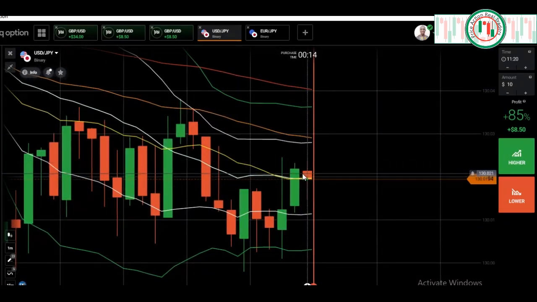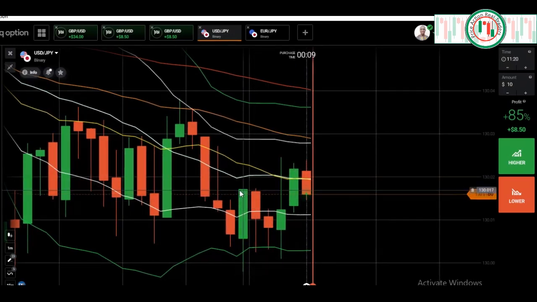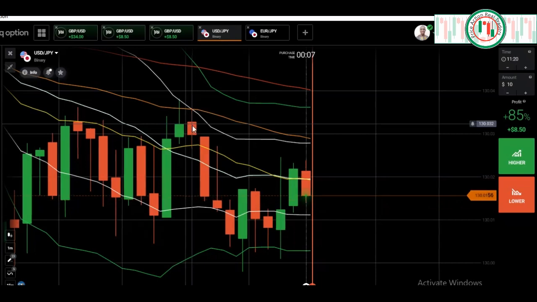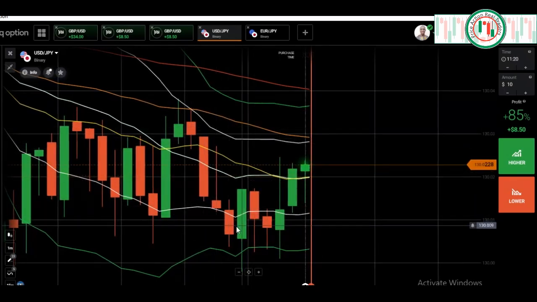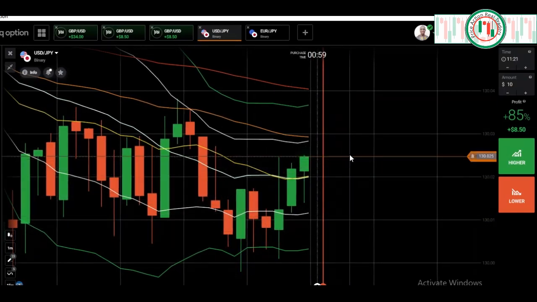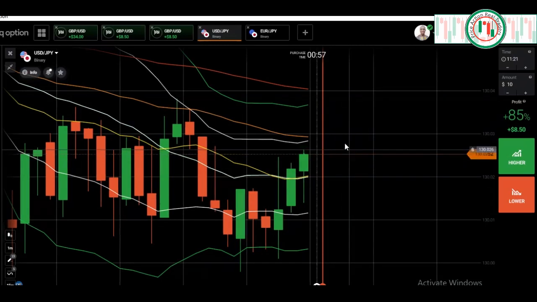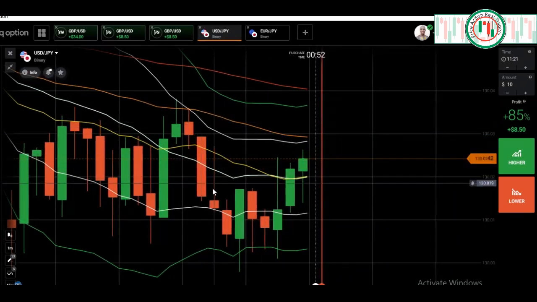You see I missed this one. No, here is no engulfing. Got this candle, but here is engulfing, and this one is not engulfing. It's not engulfing. Only here you see engulfing.